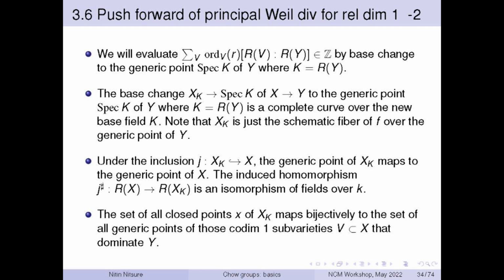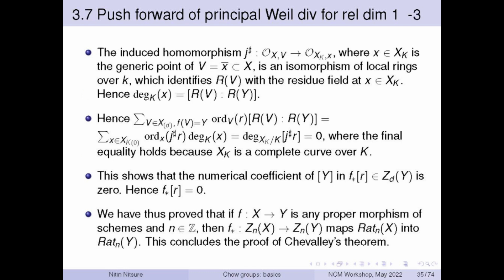So closed subvarieties which are dimension 1 less, meaning 0 dimensional closed subvarieties, are closed points. So the set of all closed points of this base change curve maps bijectively to the set of generic points of codimension 1 subvarieties that dominate Y. And so as a result, one has to also look at the degree. So the degrees are also going to be the same because the residue fields are the same.